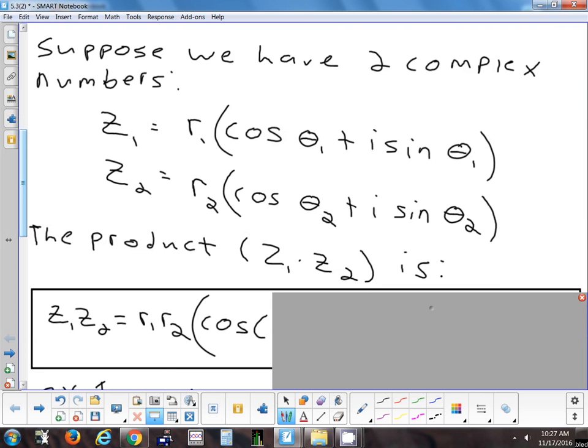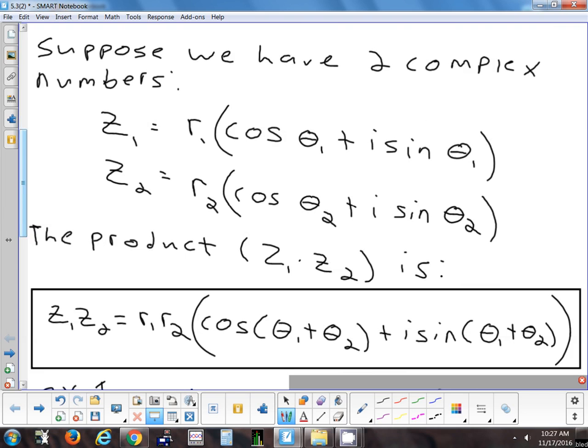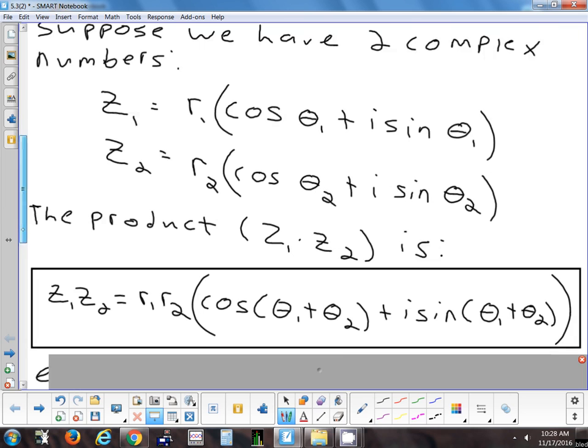And then take your two angles and add them up. Doing what I'm writing right here takes the place of all the FOILing, all the I-squareds, all that stuff. Just take the two radii and multiply them. Take the two angles and add them. And that's it. So as long as our numbers aren't too big, we should be able to multiply complex numbers in our head now, as long as they're in polar.